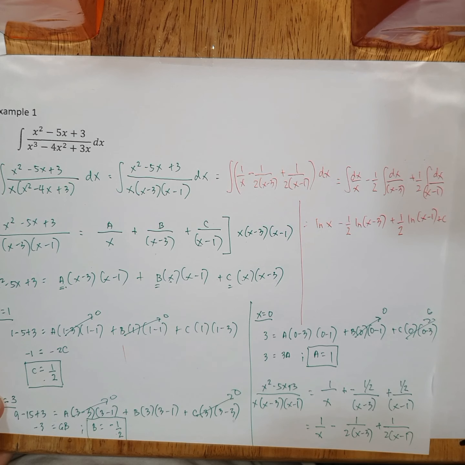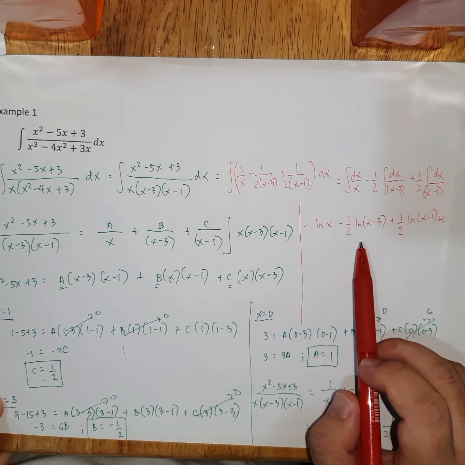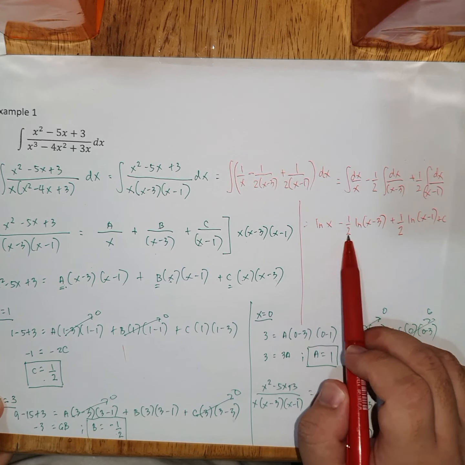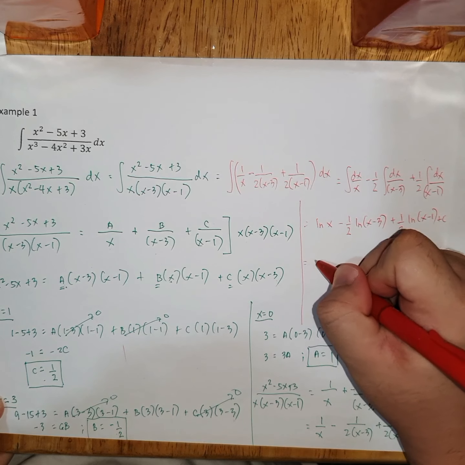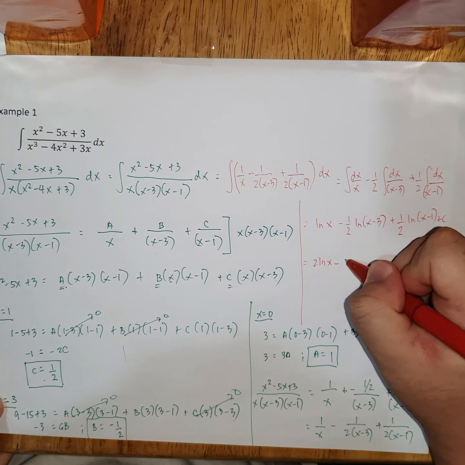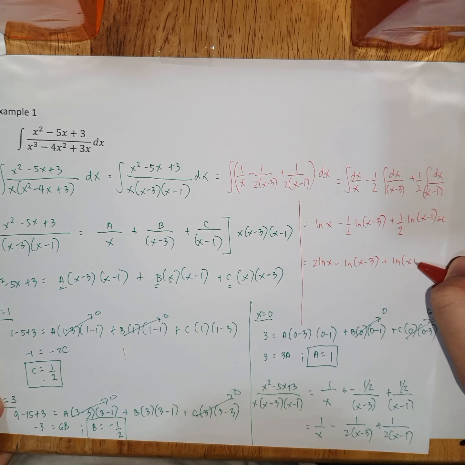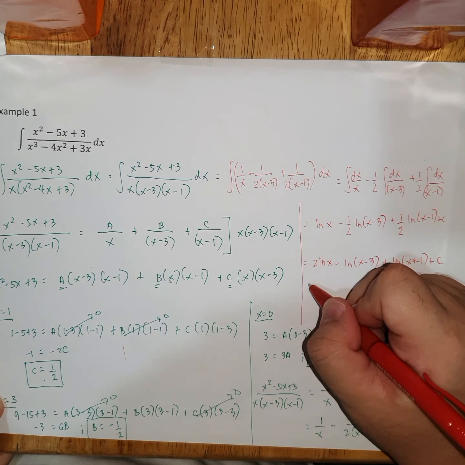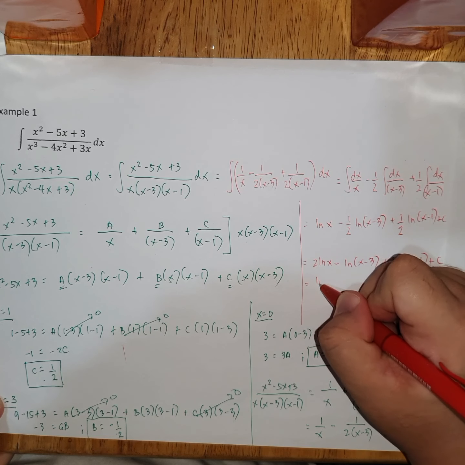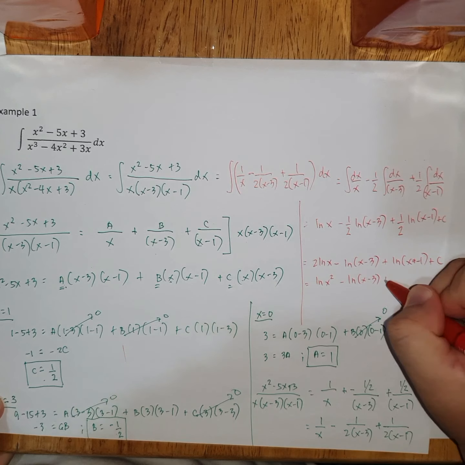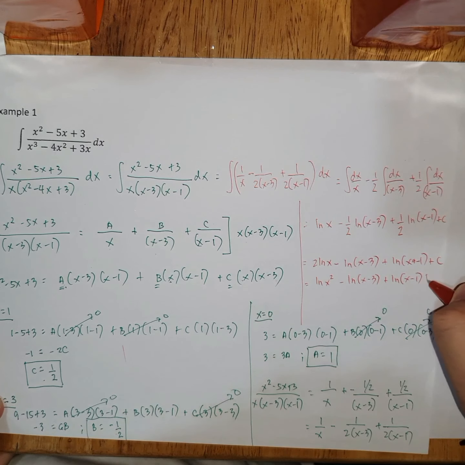Okay, pwede natin gawin is i-multiply natin yung buong equation by 2 para mawala yung fraction. So gawin natin 2 ln x minus ln x minus 3 plus ln x minus 1 plus c. Okay, same lang yan. Then ito magiging ln x squared minus ln x minus 3 plus ln x minus 1 plus c.